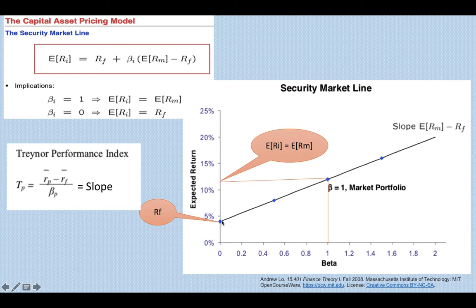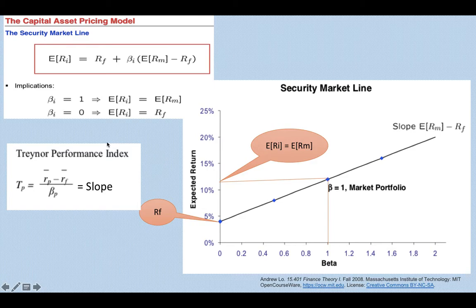So that's fine. When beta is equal to 1, your security is 100% correlated with the market, so your return will be the market return. You can see in the equation, if beta equals 1, the risk-free rate cancels out, so your required rate of return just equals the market rate.